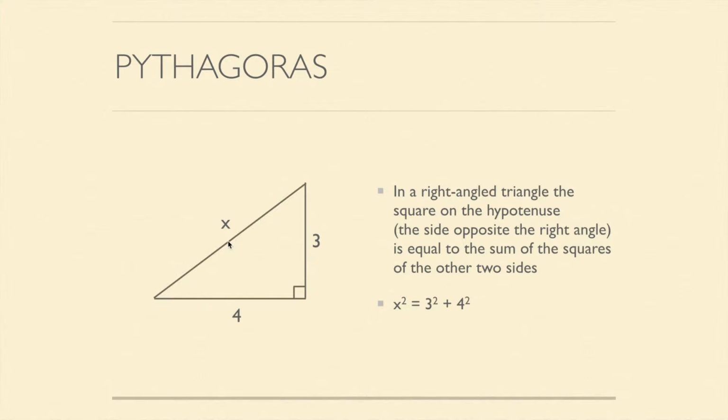According to Pythagoras, in a right-angled triangle, the square of the hypotenuse, this line here, the x, which is the side opposite the right angle, this is a right angle of 90 degrees, is equal to the sum of the squares of the other two sides, this side and this side. So x squared, the hypotenuse squared, equals the first side squared plus the second side squared.